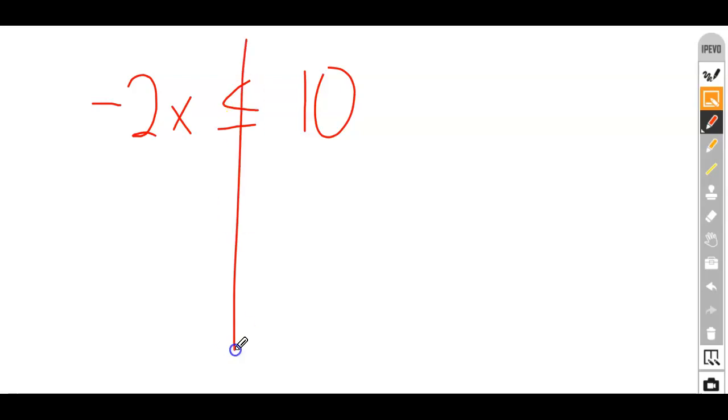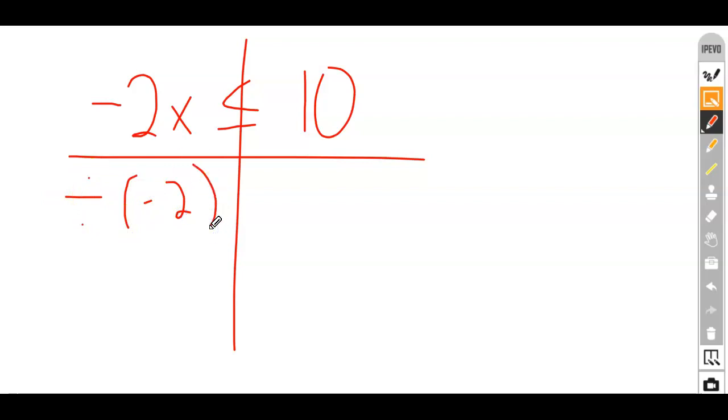So let's look at what that means. I get rid of the -2 by doing what? Dividing both sides by -2, right? They're multiplying, so I've got to do the inverse operation. Divide by -2. These cancel out, leaves me with x. What's 10 divided by -2? -5.